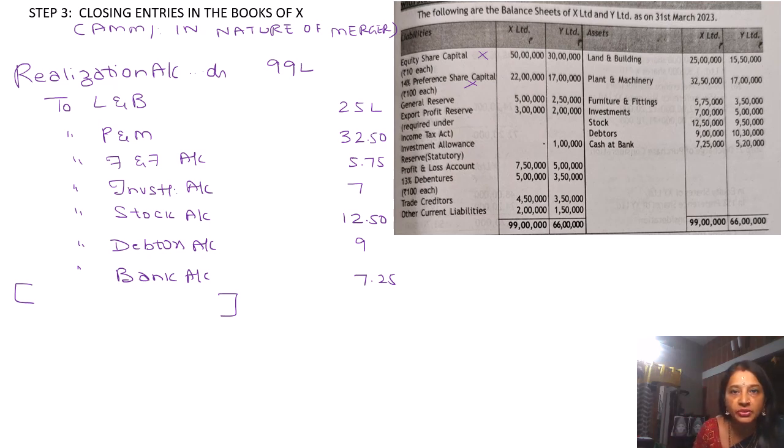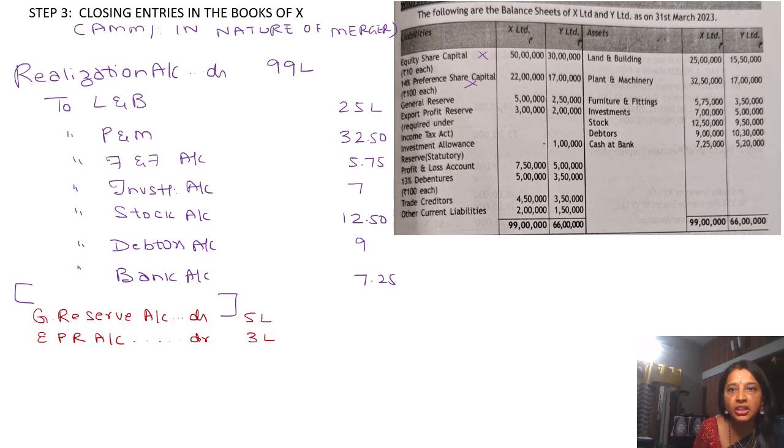So we will start with general reserve. So the entry will be general reserve account debit. General reserve amount is 5 lakhs. Then export profit reserve account debit. Amount is 3 lakhs.